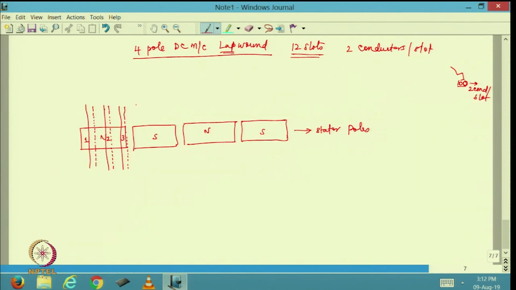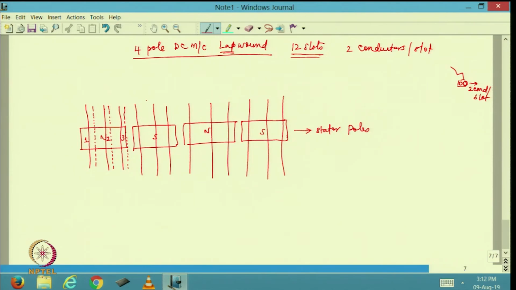And similarly, I am going to have 4, 5, 6, 7, 8, 9, 10, 11, 12. So similarly, I am going to have the conductors that are put at the background. Those are shown with dotted lines like this. So I am going to have essentially here also the conductors which are shown with dotted line.